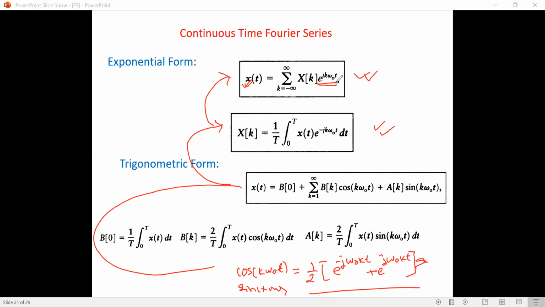Then what will happen? Your coefficients should be appearing as complex conjugates. If they should be complex conjugates, then k should range from minus infinity to infinity. It also contains the average value. Depending on the symmetry condition of your signal, that average value may or may not be present in your case. Okay, we will be using exponential form mainly in our case.